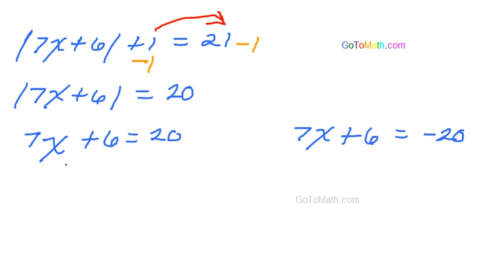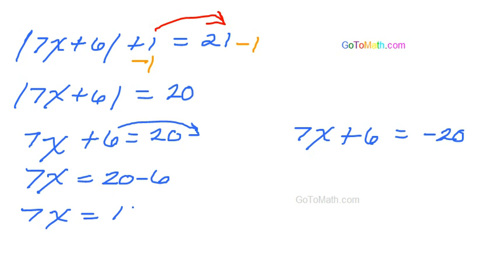Alright, so let's solve for x in this equation, and that means we're going to take this 6 over here to the other side, and therefore we have 7x is equal to 20 minus 6, so that gives us what? 14. So we have 7x is equal to 14, and therefore x is equal to 2.